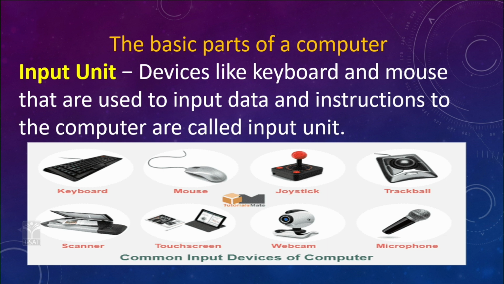Actually, the Wacom is now used as a touch screen. Everyone is using touch screen mobiles, correct? Smartphones. A smartphone is nothing but a simple computer. The scanner. All these come as input devices, which give data and instructions to the computer. That instrument is called an input unit.